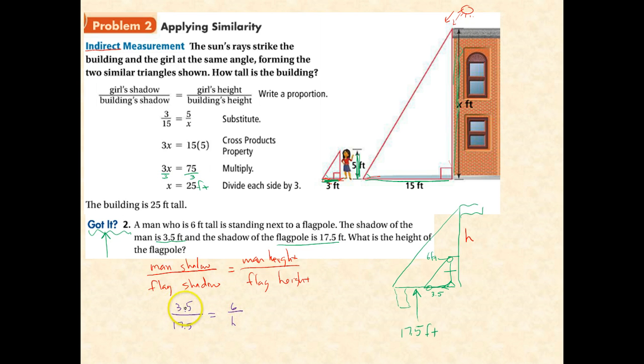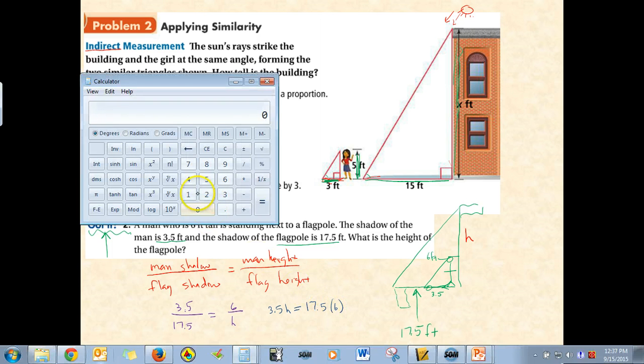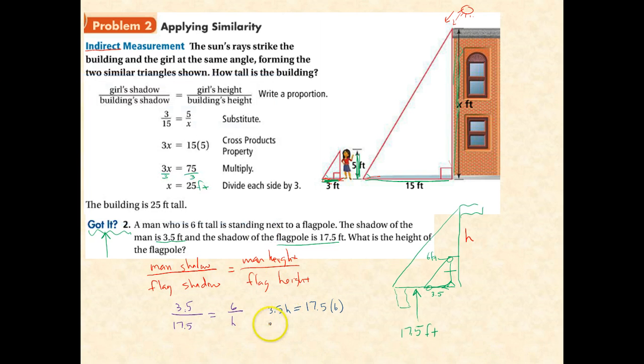So let's do cross products. 3.5 times h equals 17.5 times 6. 17.5 times 6 equals 105. So 3.5h equals 105.